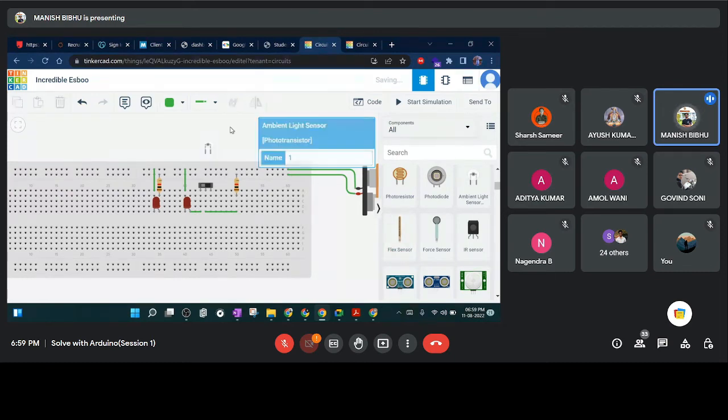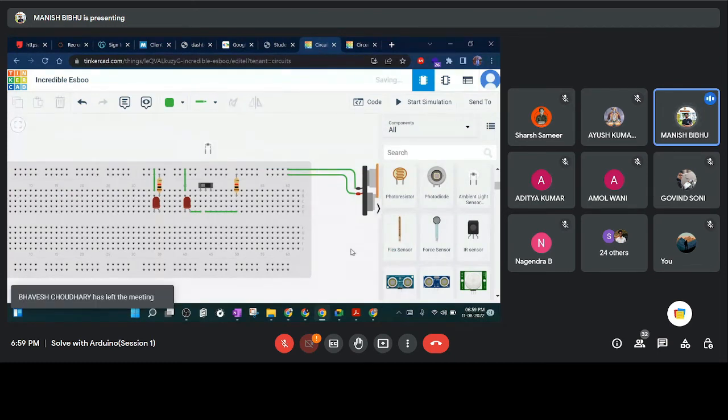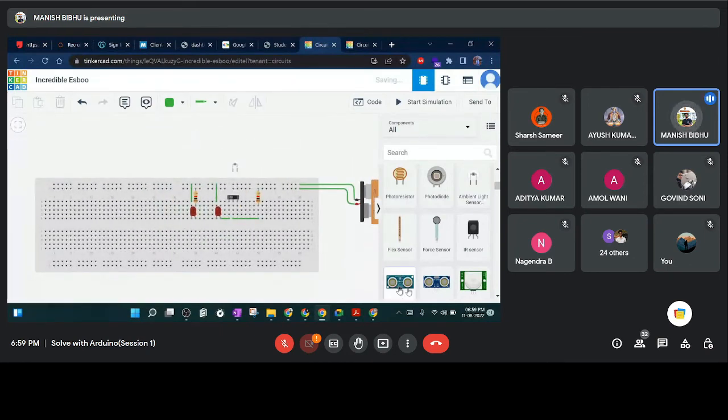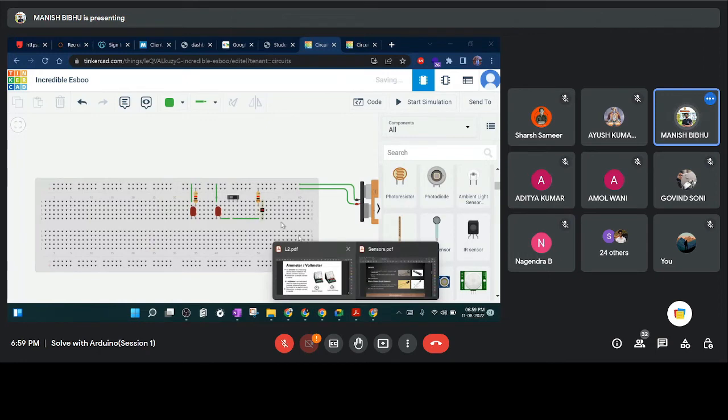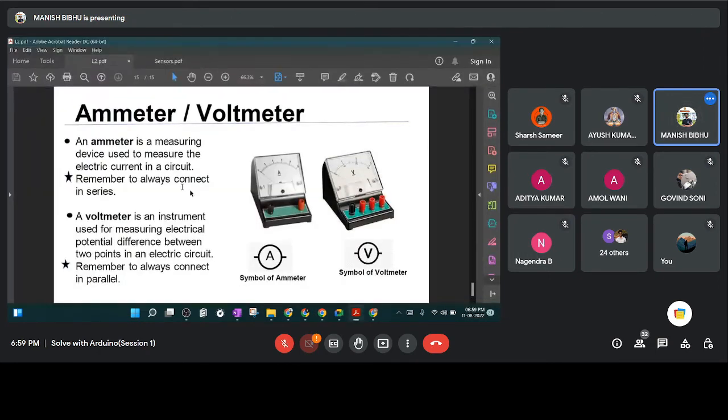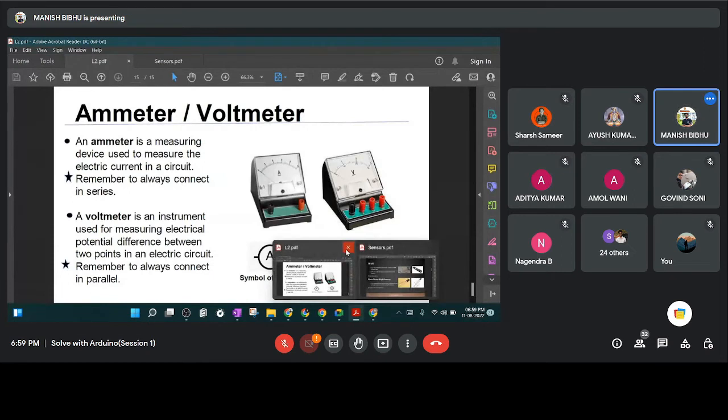I will not be explaining Arduino. Ankit will explain that from 9 p.m. That's why I cannot show the practical implementation of any sensor. He will explain all the practicals.